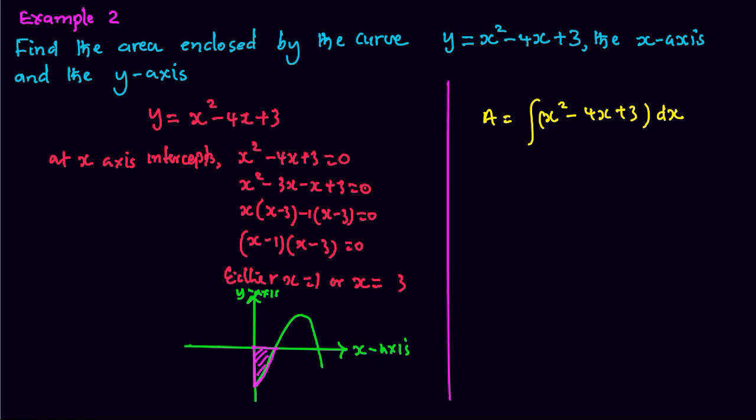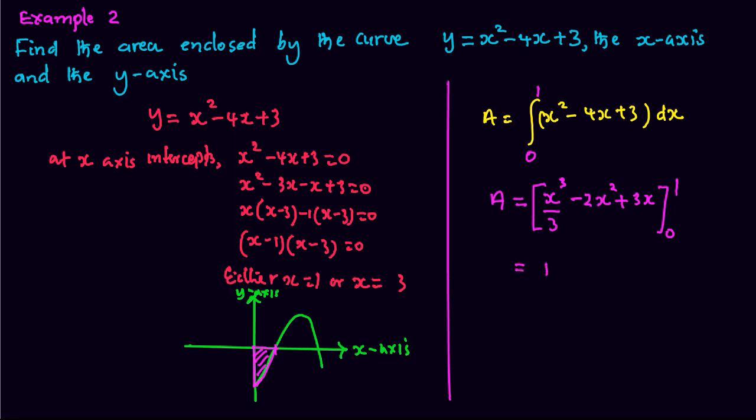So accordingly, this curve will have the limits between x is equal to 0 and x is equal to 1 as our limits. This gives us an area of x cubed over 3 minus 2x squared plus 3x between 0 and 1.